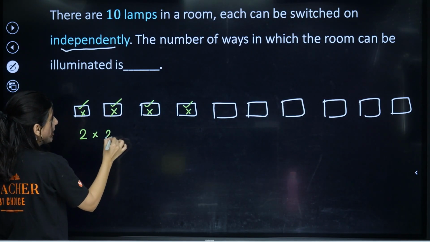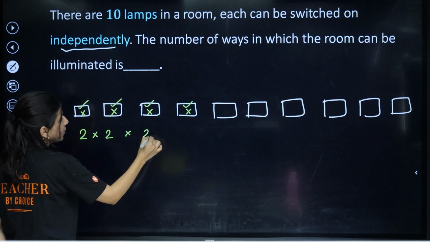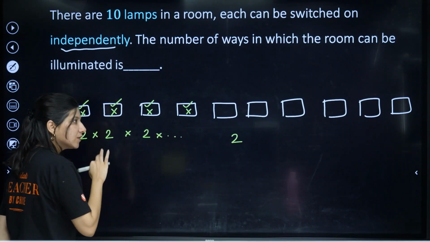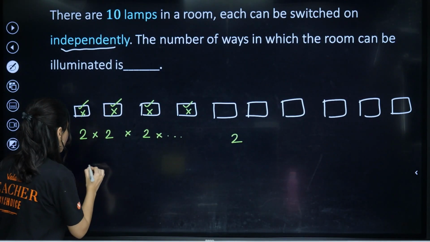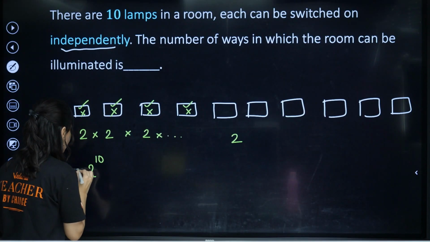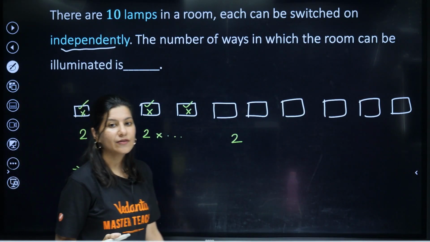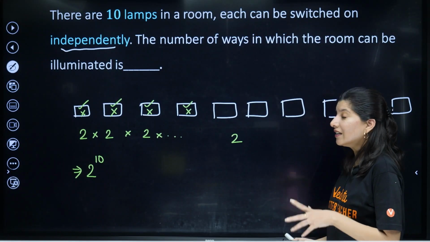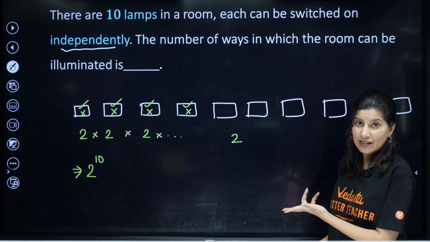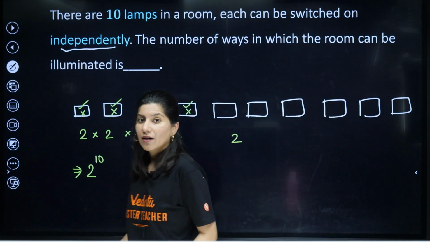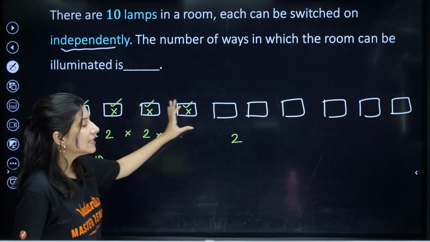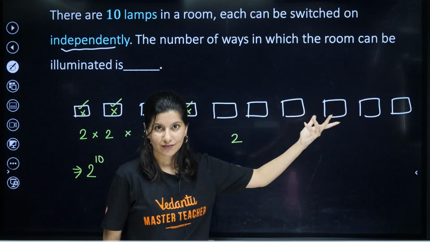This lamp is also having 2 options. This lamp is also having 2 options. So the last lamp will also have 2 options, either to switch off or switch on. So basically 2 raised to power 10 ways will be there, wherein we can handle all the lamps. In this 2 raised to power 10, there will be one way wherein all the lamps are on, right?